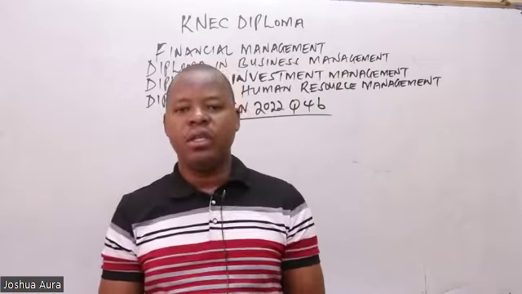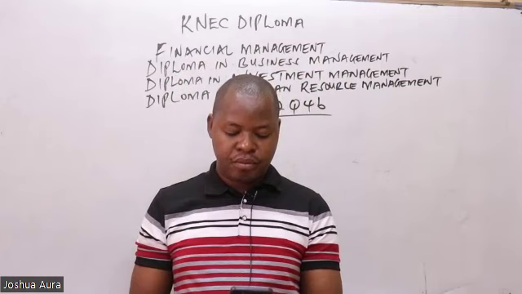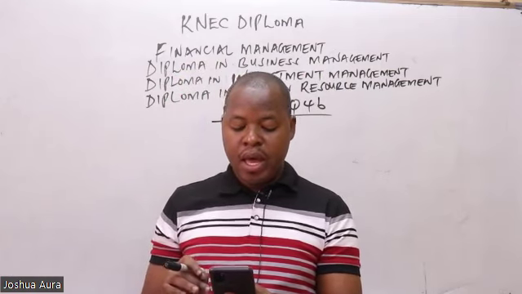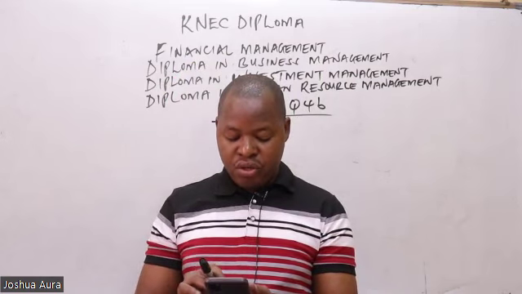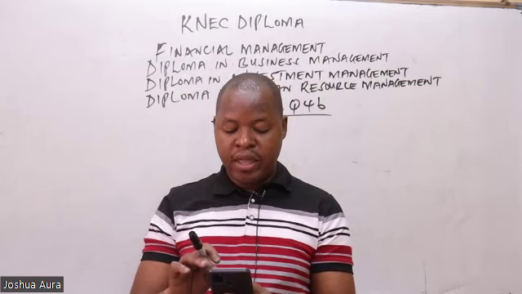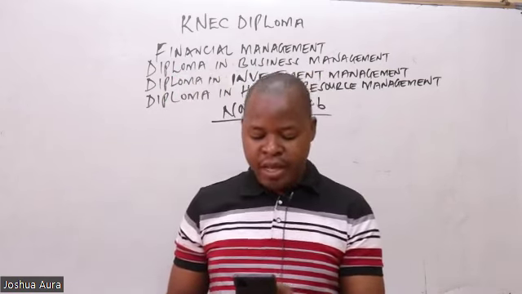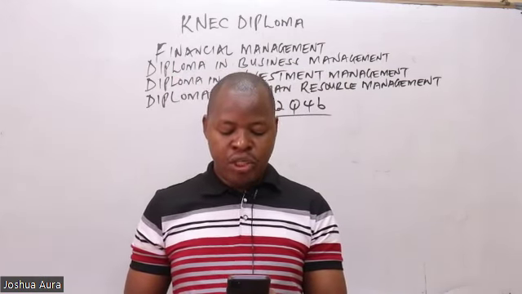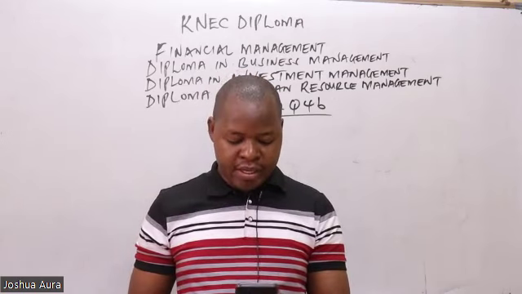The question reads like this. Jenga Limited intends to invest 5 million Kenya shillings in a project whose expected useful life is 4 years.